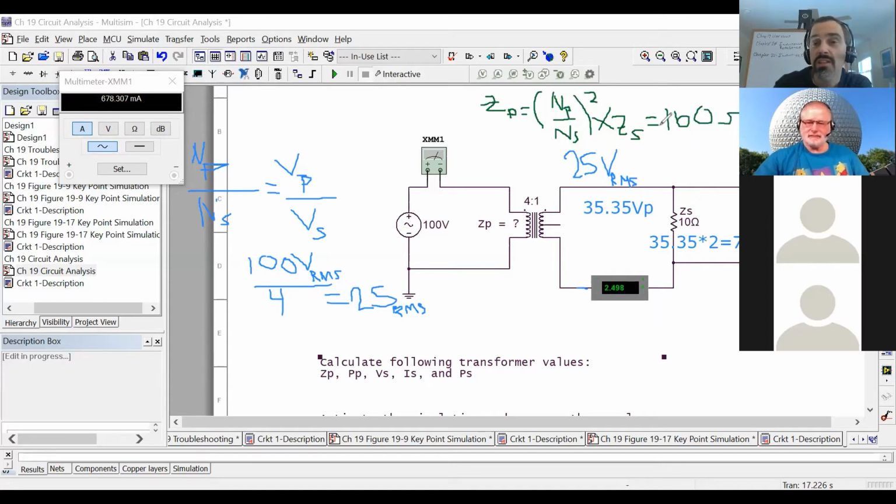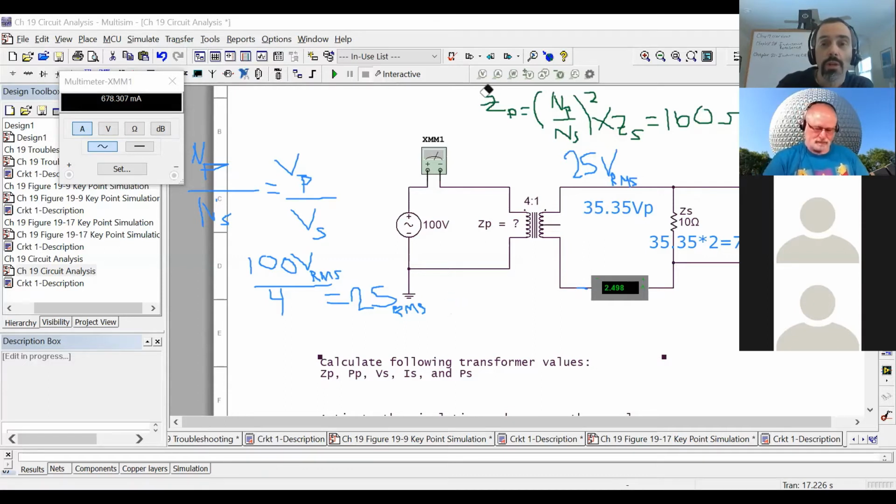So what this says is that the primary side sees 160 ohms reflected from the secondary. Basically the secondary says, I see 10, and I'm reflecting back. This input right here says, oh, I'm actually 160 ohms. And we can prove that to you. Let's calculate ZP on this side using current. Let me redo that, hold on.